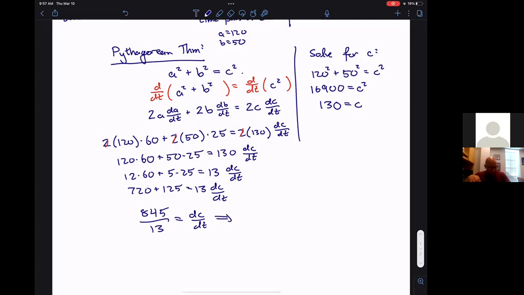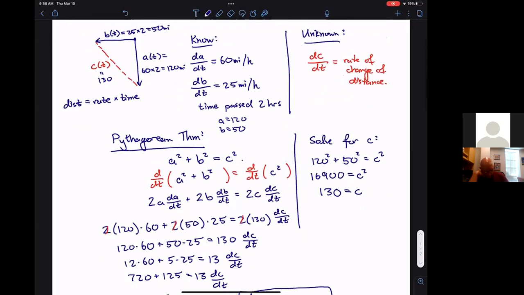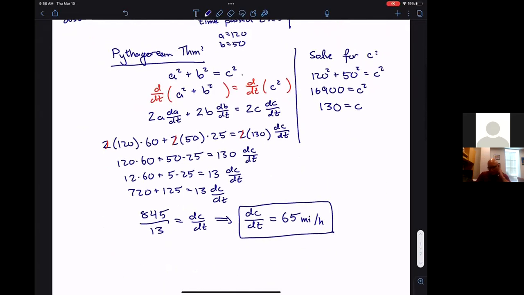And let's see, I'm not sure if that actually simplifies or not. 845 divided by 13. Oh, it does. So plugging that into my calculator, I found 65 would be our rate of change of C, and that was our unknown. Actually, at what rate is the distance, yeah, so it's increasing at a rate of 65 miles per hour.